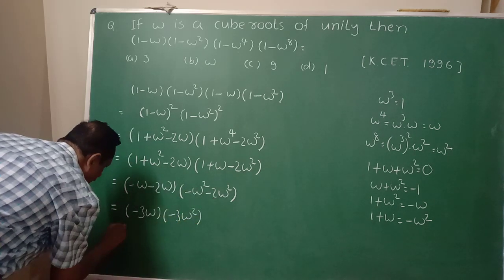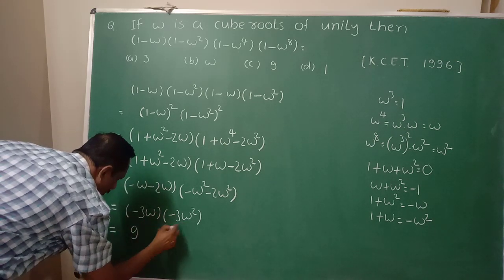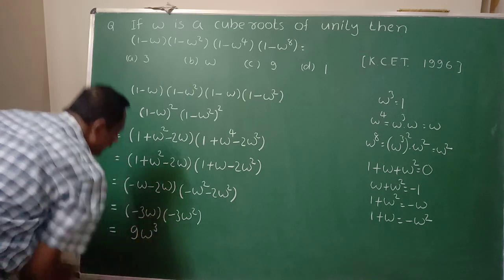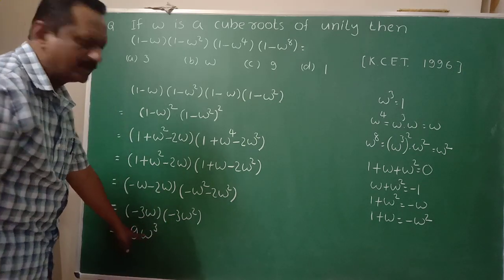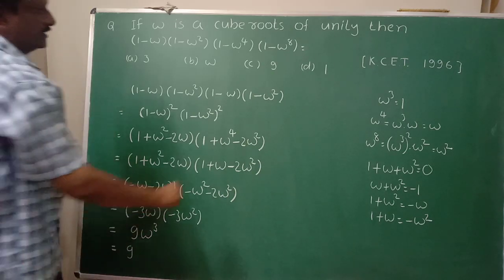Minus into minus is plus. 3 3s are 9. Omega into omega square becomes omega cube, and omega cube is 1. 1 into 9 becomes 9. Therefore C is the answer here.